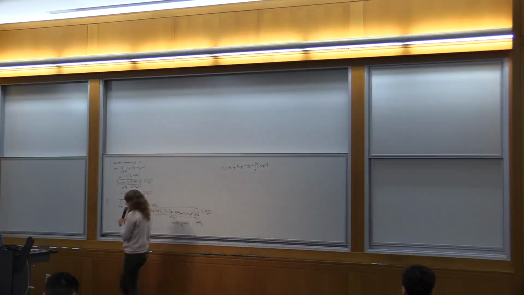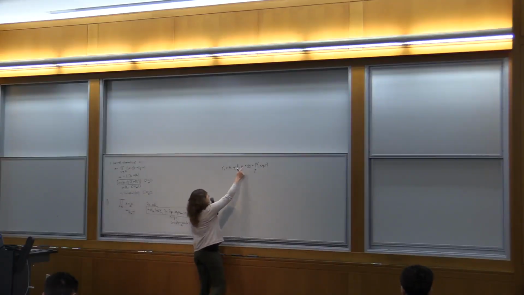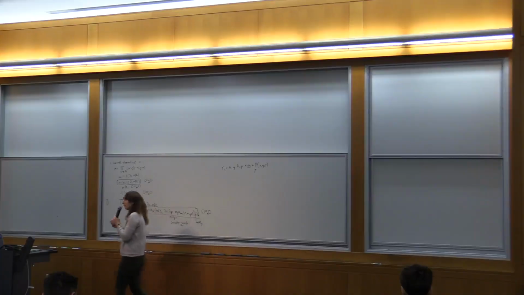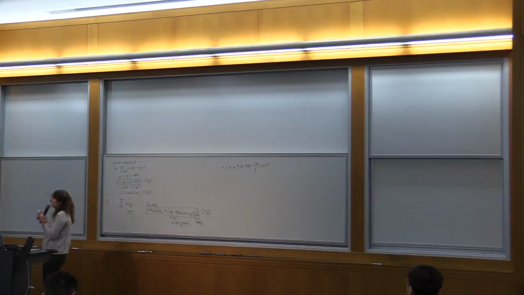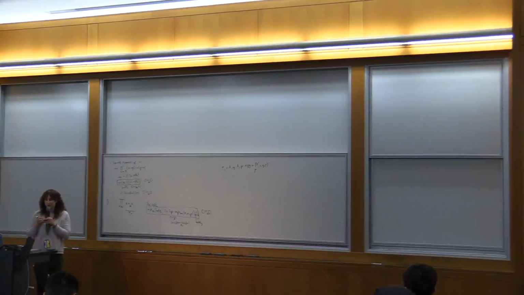The question was, how do we construct a type family that depends on this little p actually? Because so far, we always had just a type that doesn't really depend on the p.